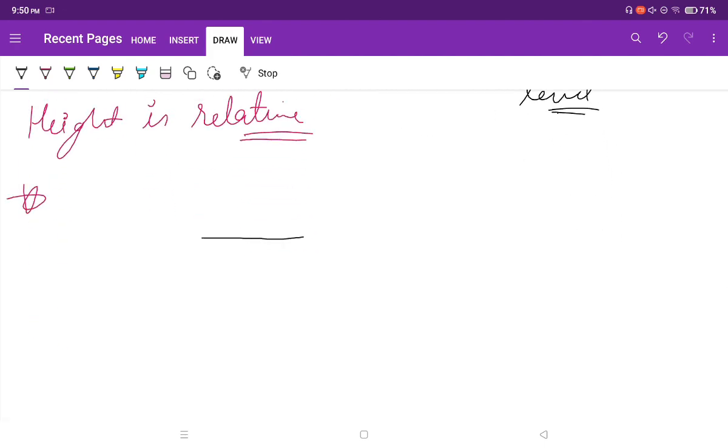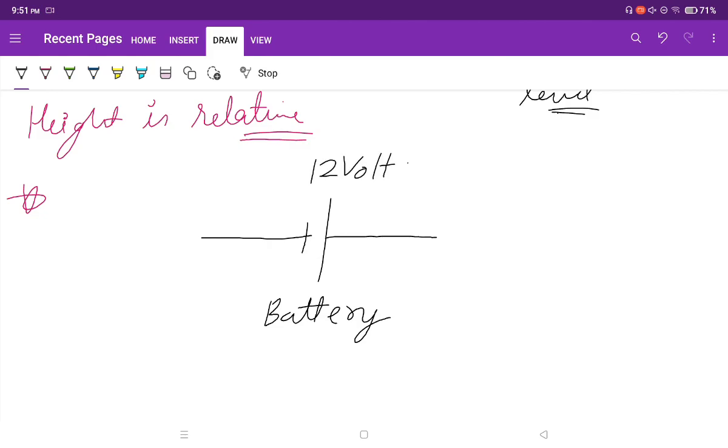Now another example. If I say I have a battery here, this is a 12 volt battery, right?